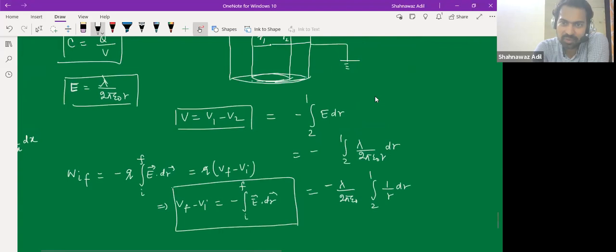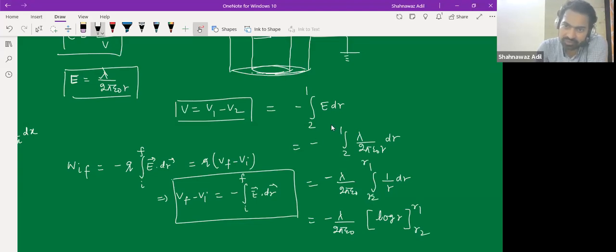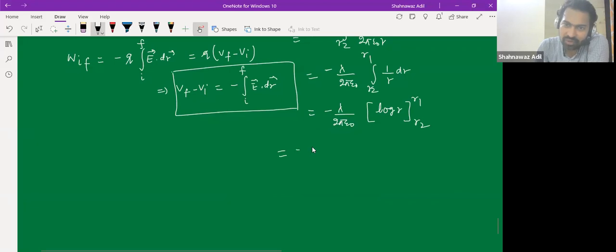Okay, so this would be how much? Then this would be minus lambda by 2 pi epsilon naught, and this is log of r, and the limit is r1 to r2. So how do we solve this integral?